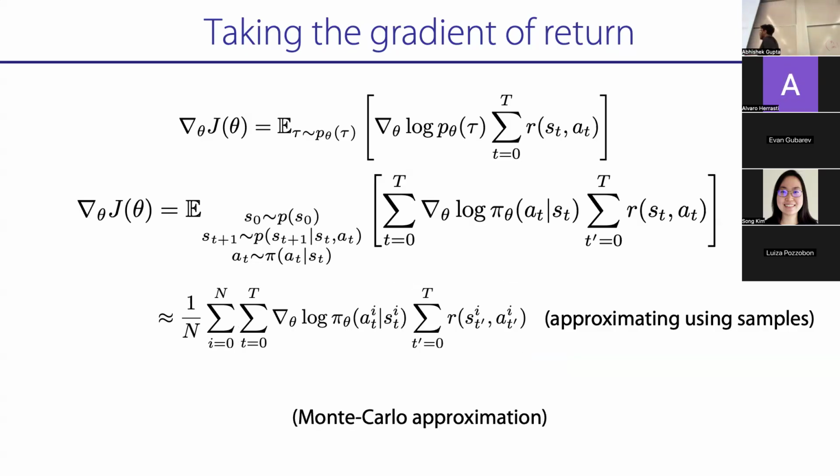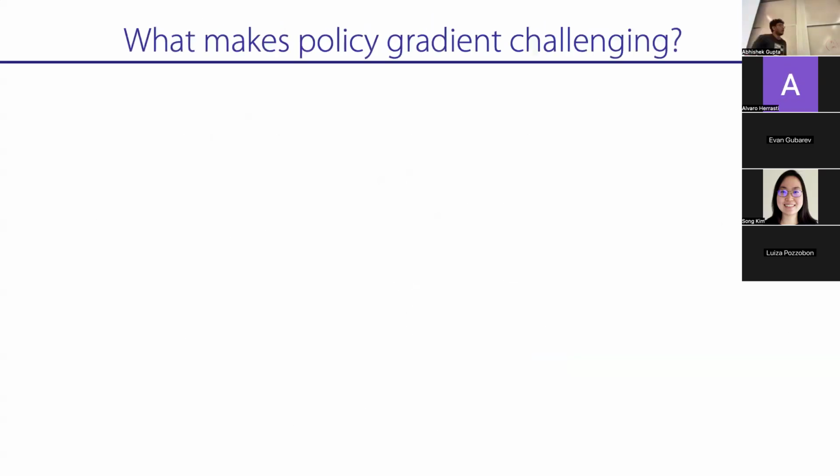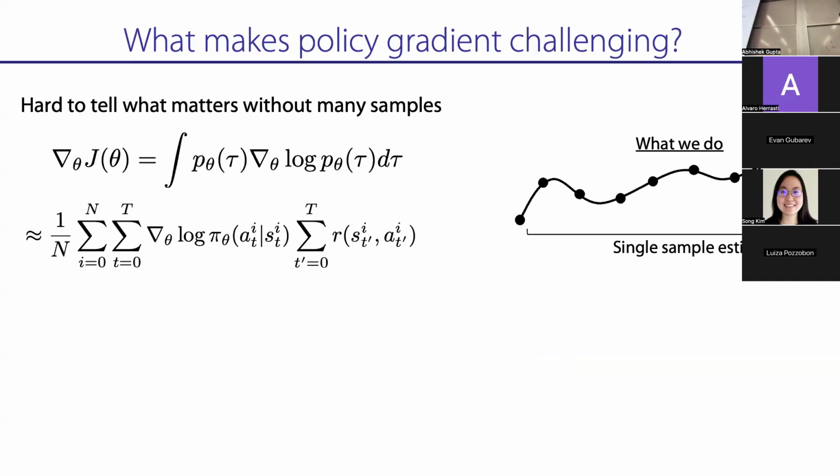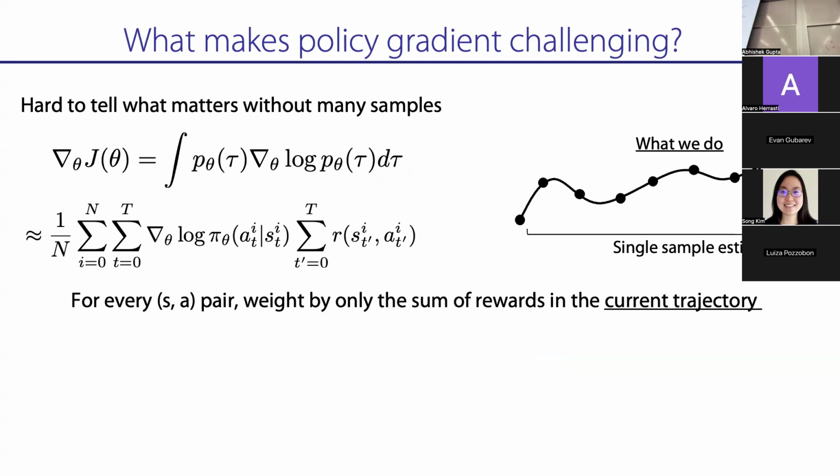Okay. So what makes it challenging here is that you're doing a single sample estimate, right? You're wiggling this rope and tying together the fate of all outcomes along that trajectory. You're only weighting it with rewards in the current trajectory, even though the outcome of a particular state action is now coupled to unlucky things that happen in the future or bad decisions you made in the future or something else, right?